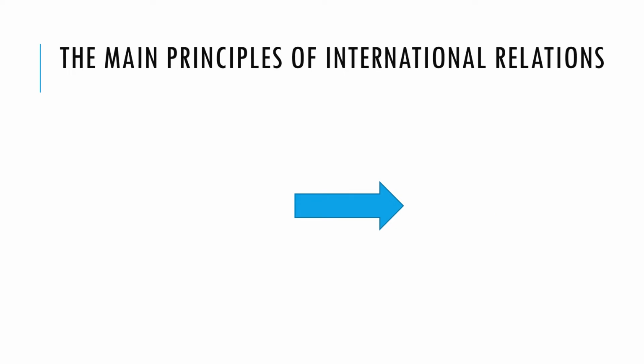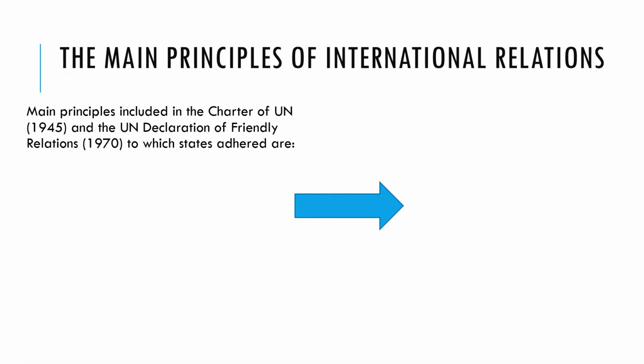What would be the main principles or rules of international relations? If you want to understand what international relations works with, we might look back at the main principles included in the Charter of the United Nations in 1945, as well as the UN Declaration of Friendly Relations in 1970.